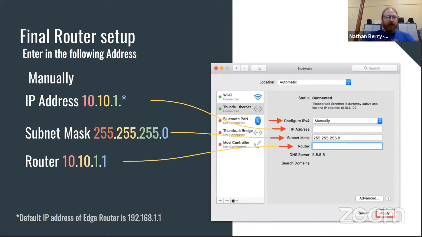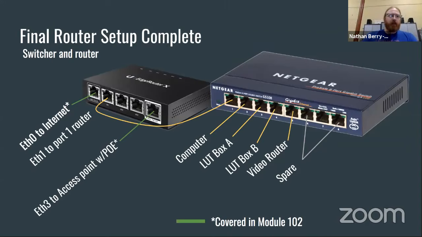So static IP, and then you should have something set up that looks something like this. You've got your internet plugged into WAN, Ethernet 0 if you have that, but then you just have the one cable going from the edge router to your switch, and then all of your other devices should be plugged into your switch.